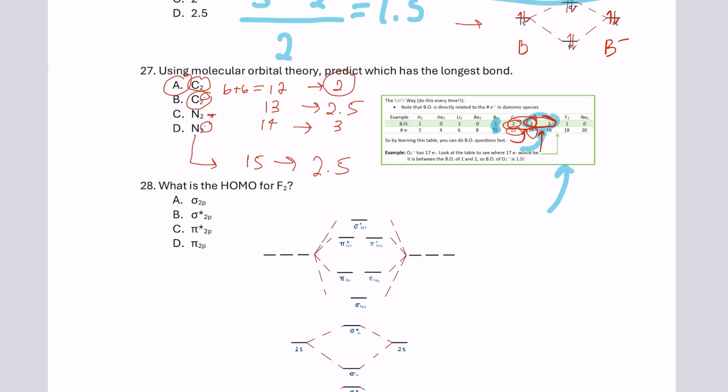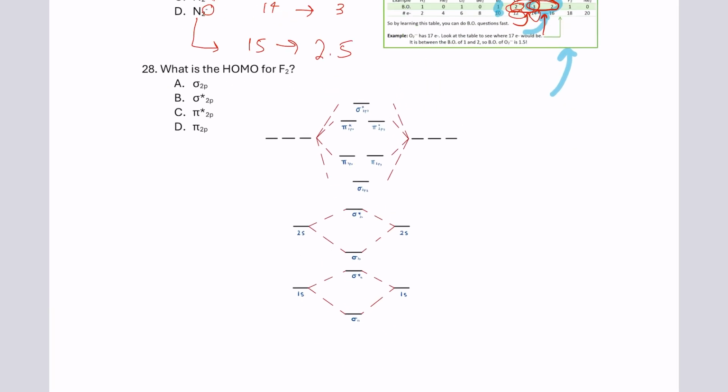Finally, our last problem says, what is the HOMO, so the highest occupied molecular orbital for difluorine? For difluorine, the sigma 2p bonding orbital is going to be lower in energy than the pi 2p bonding orbital.